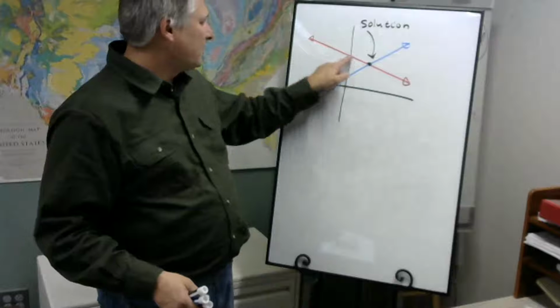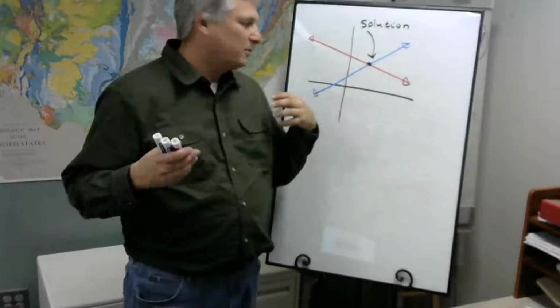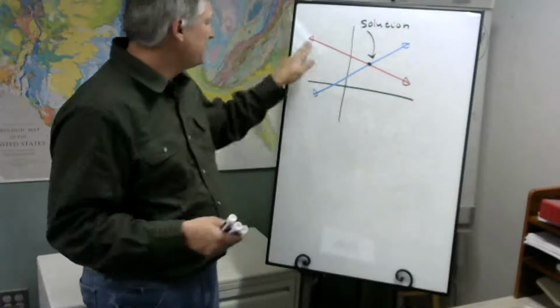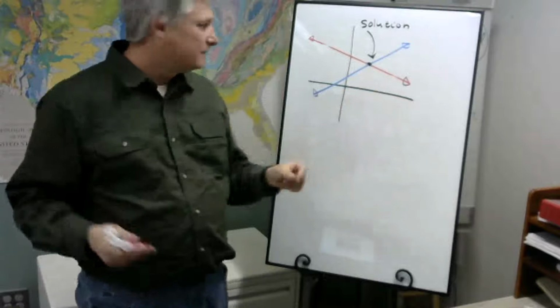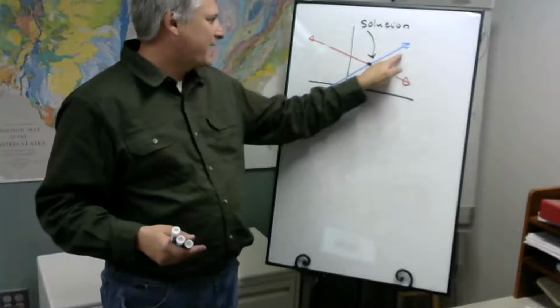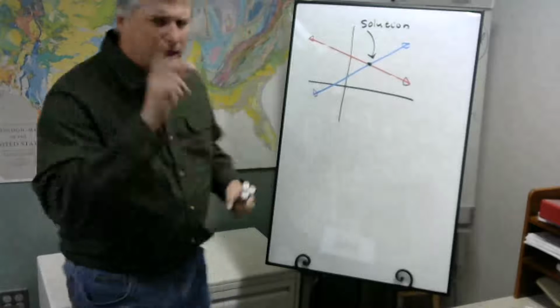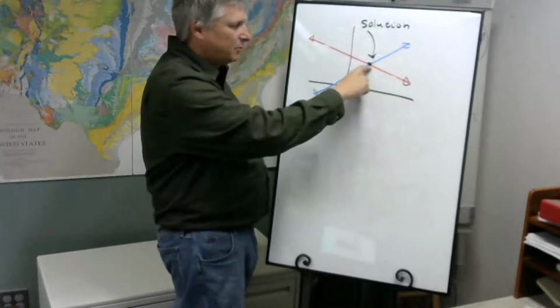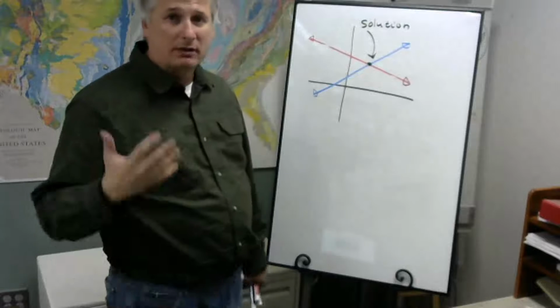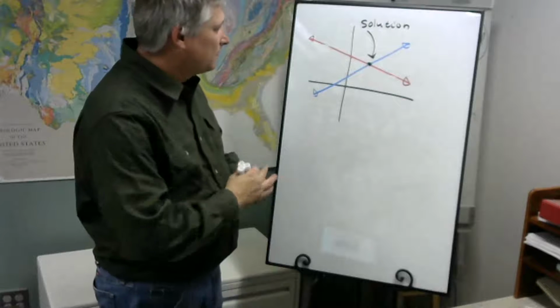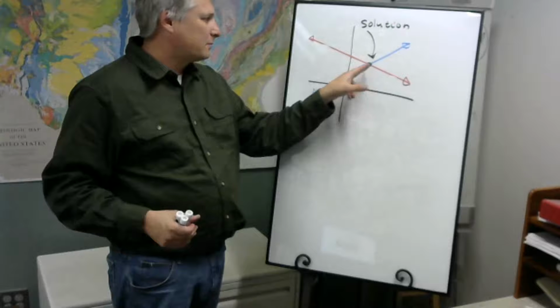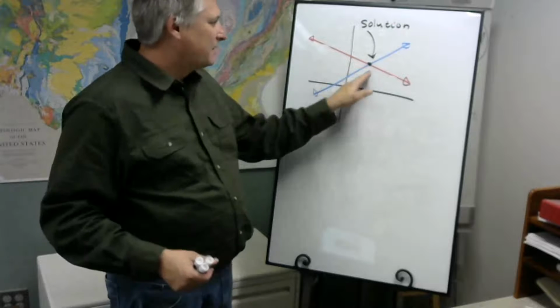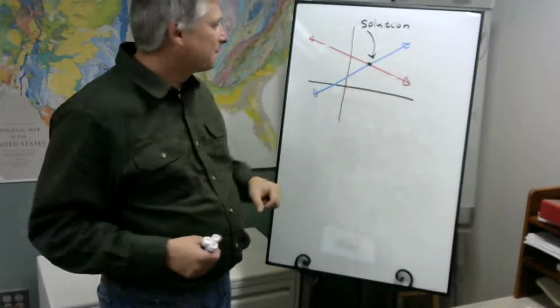So here are all the points that satisfy this red line, but they're the points that satisfy this red line only. These are the points that satisfy the blue line only, except for one. Where these cross, this is a point that satisfies both lines. So when we're graphing these, where they intersect, that's the solution to our system.